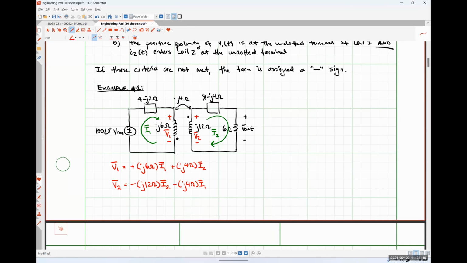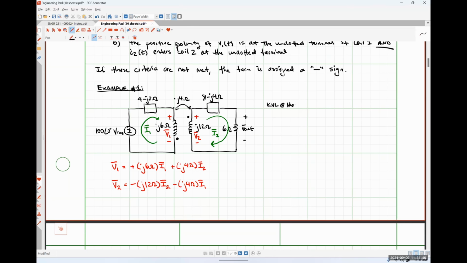Now we would get around to doing our circuit analysis. Effectively, all I'm going to do for a circuit as simple as this is write a Kirchhoff's voltage law equation around mesh 1 and write a Kirchhoff's voltage law equation around mesh 2 to set up my system. So I'll do that over here.